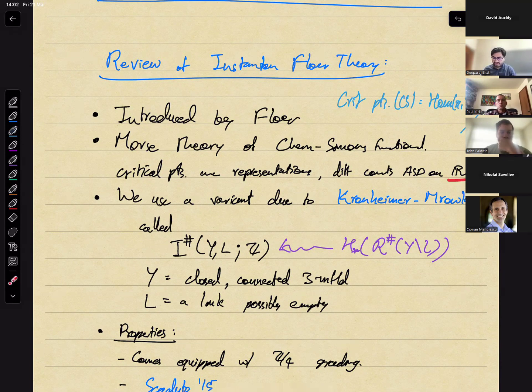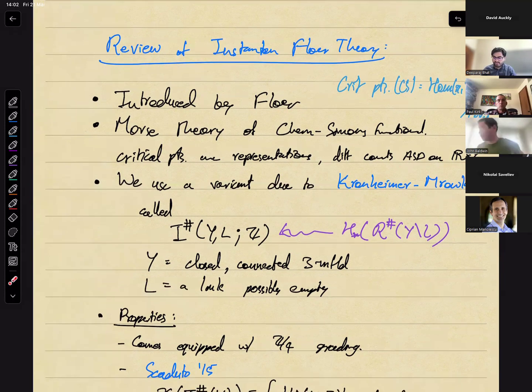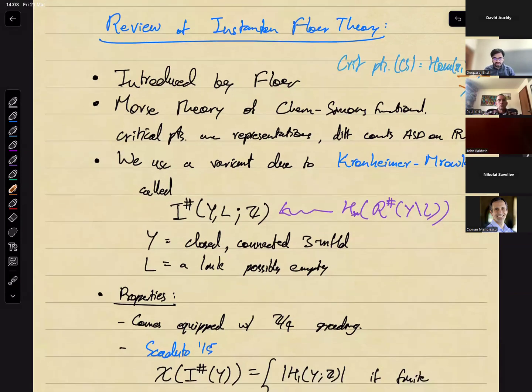And on the cylinder R cross Y, you count ASD solutions. Now, we won't exactly be using this version for the talk today. We'll instead essentially just kill the conjugation action and be looking directly at homomorphisms from either your three-manifold to SU2 or the knot complement. And we'll get to that in a little bit.